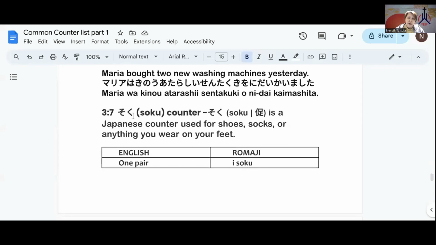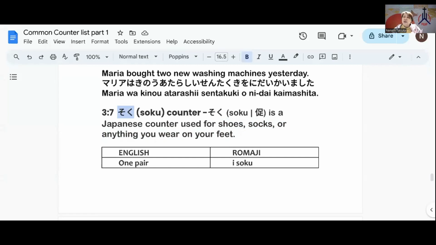Now, soku. We use this for shoes, socks, or anything you wear on your feet: the sandals, the shoes, the socks.